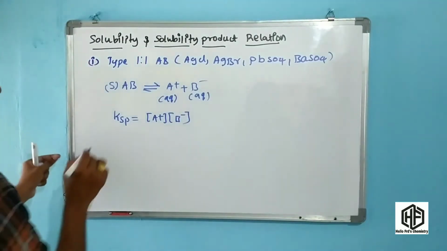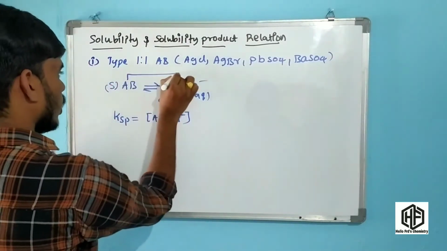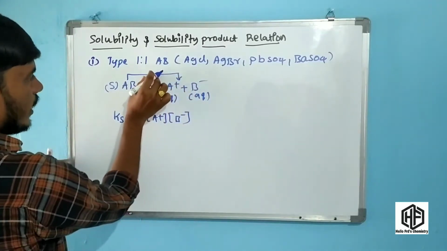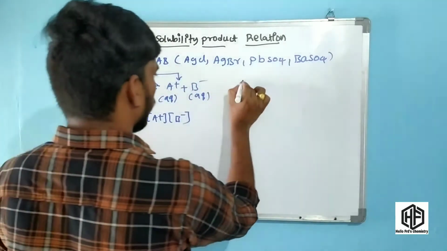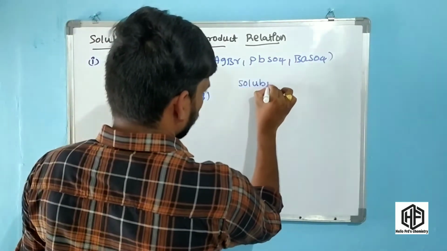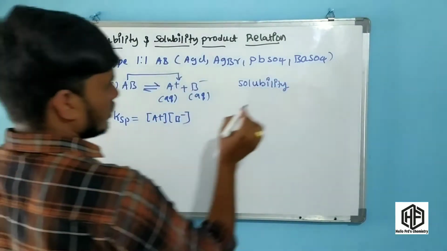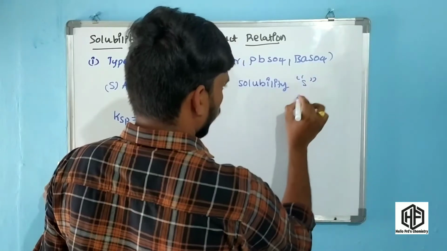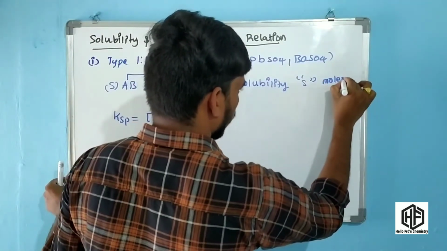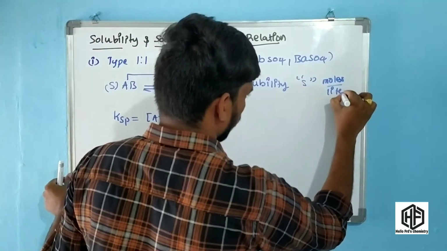Now AB is sparingly soluble, and the solubility of this salt is S moles per liter.